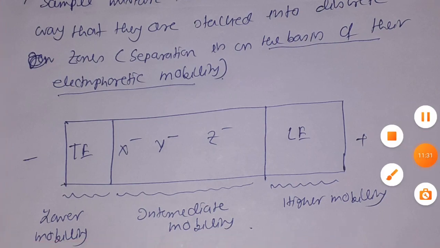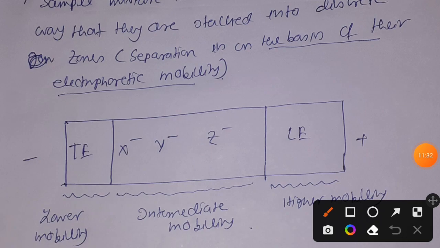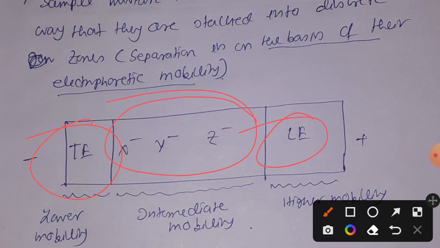So here we are using a discontinuous electrolyte system that contains a leading electrolyte and a trailing electrolyte, and in between the leading and trailing electrolyte we add our sample. Okay, now the leading electrolyte will have higher mobility and the trailing electrolyte will have lower mobility, and in between them the intermediate mobility will be for samples.